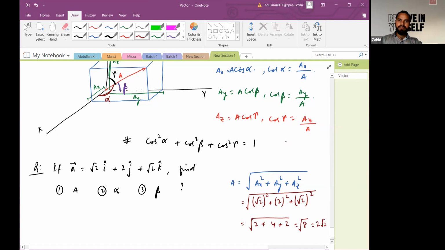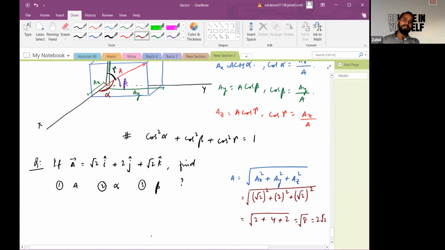Now put this in the formula, you will get cos alpha. So cos alpha is equal to AX divided by A. AX is this term and A is this term. Put these two terms and try to find alpha.